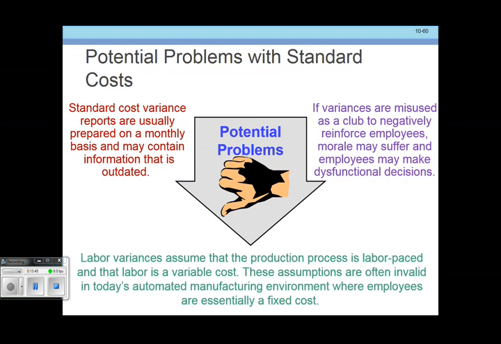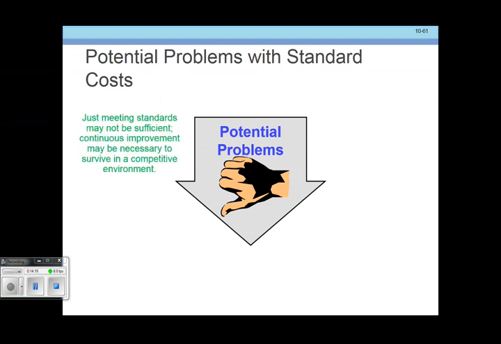We don't want to use this as a club to beat over somebody's head, to say, oh, how bad you are, how poor of a manager you are, you're using way more than you should, or you're purchasing way more than you should. The thing we want to do is use this information to improve our performance, not to criticize employees, what have you. And I hate to say it, but in today's day and age, too often it's used to criticize employees rather than look for ways to improve.